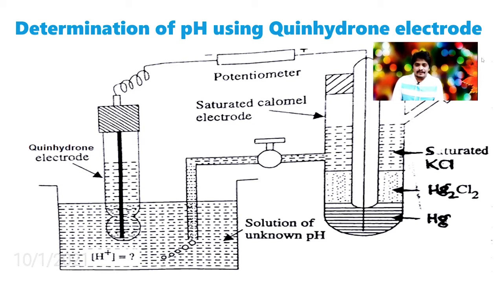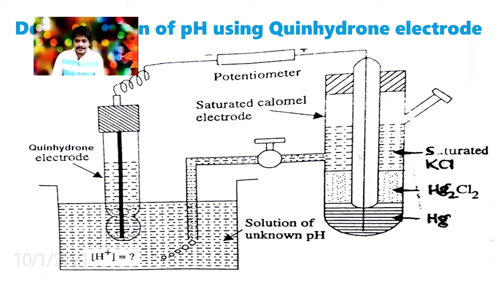Whenever the saturated calomel electrode is coupled with the quinhydron electrode, the saturated calomel electrode always acts as the reference electrode. The quinhydron electrode always acts as the indicator electrode, and it is present in the solution whose pH is to be determined.